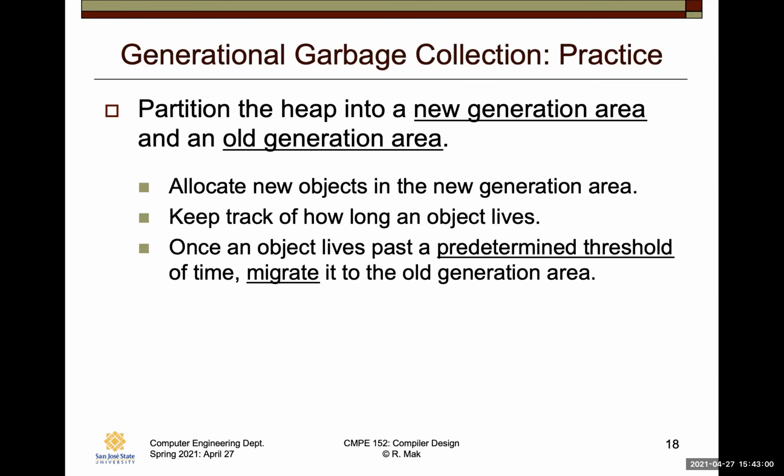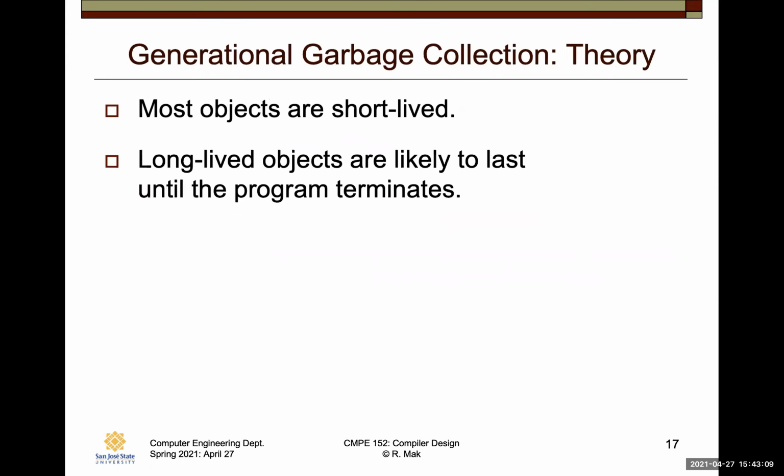Okay, so your program creates an object. Now that object goes into the new generation area, and if this theory is correct, most objects are short-lived, and so the object is allocated in the new generation area, and then a short while later, that object is deallocated.